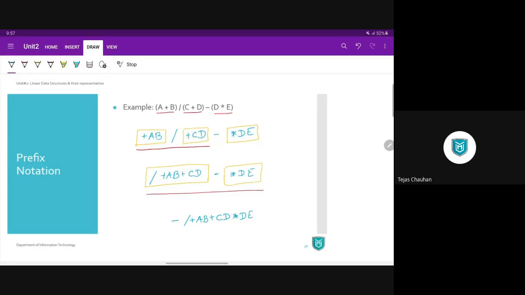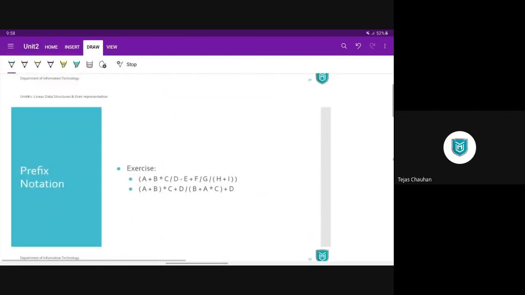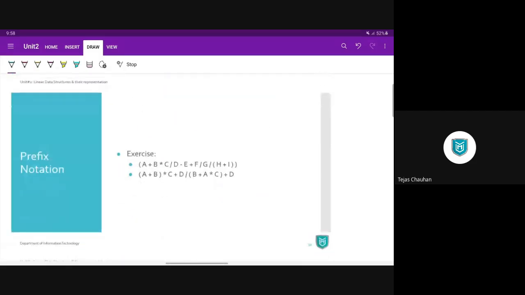So we prepend that minus operator here, and that is the final answer. So that is prefix notation. Any questions till now? Is everyone clear with this process? Okay, then let's have exercises again.